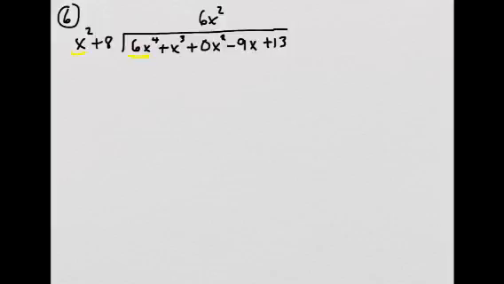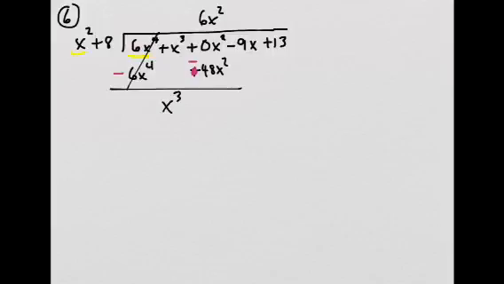So you multiply 6x squared by the divisor, so that gives you 6x to the 4th plus 48x squared. We're going to subtract, so that means we're going to add the opposite, so minus, and then this plus becomes a minus. And so now you combine, so this is 0.